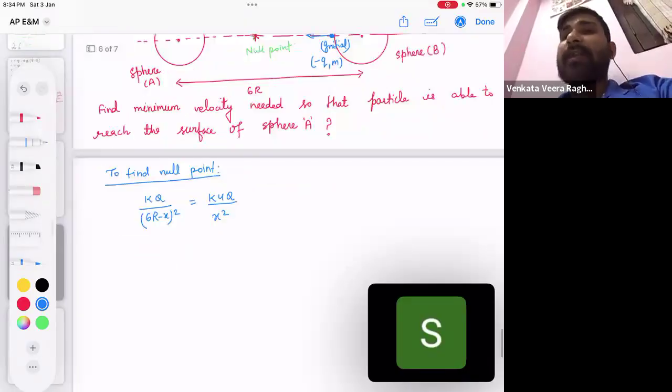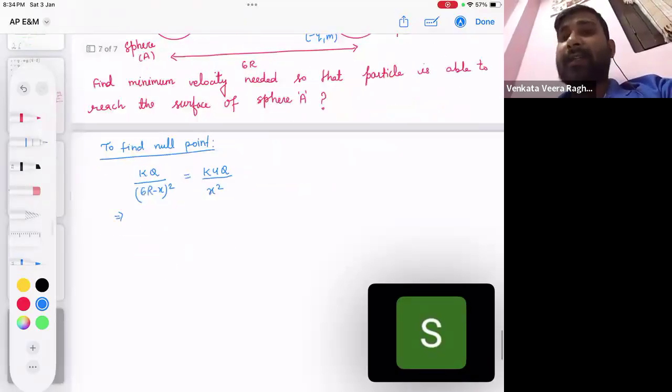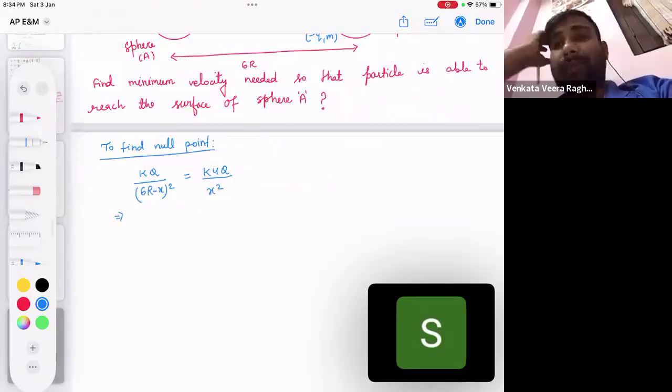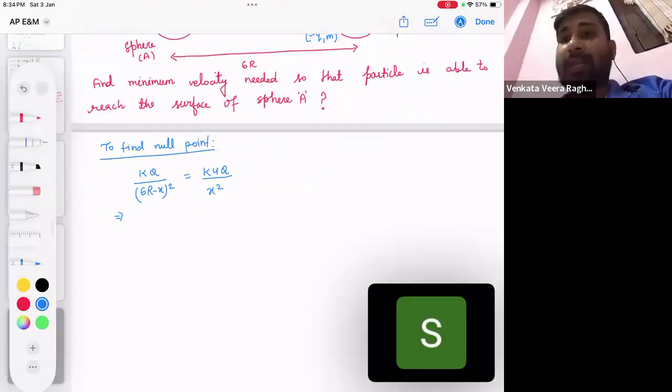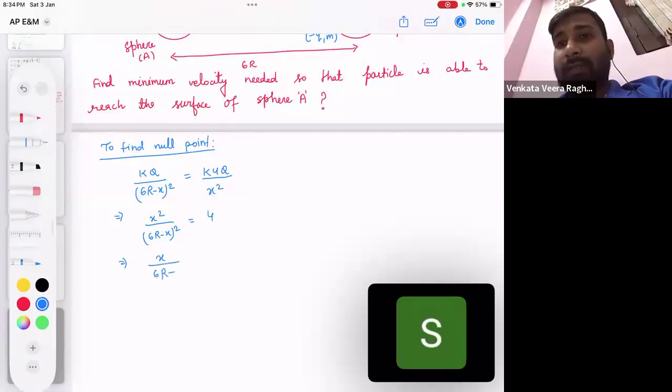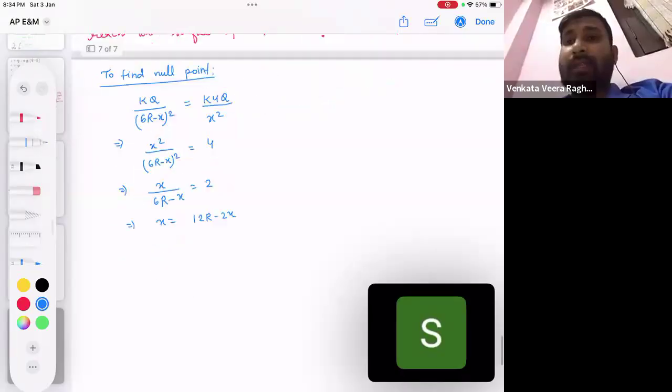That's why I take the charge like that, so that taking a square root will be a simple thing, right? So k and q cancel out. We have x square divided by (6r minus x) whole square equal to 4. Take the square root, x divided by (6r minus x) equals 2. So we have x equal to 12r minus 2x.